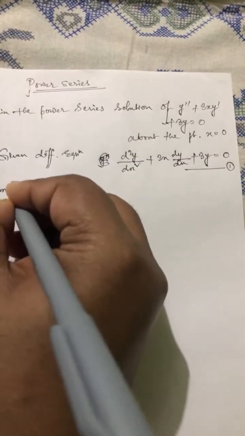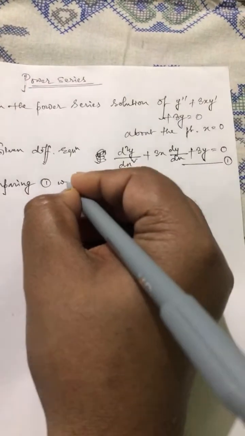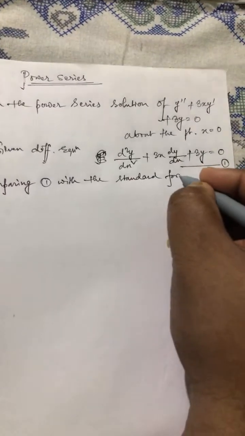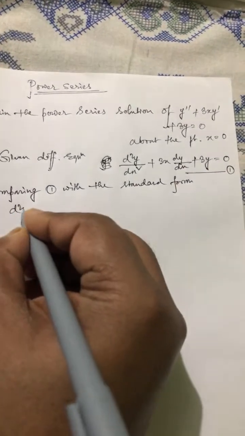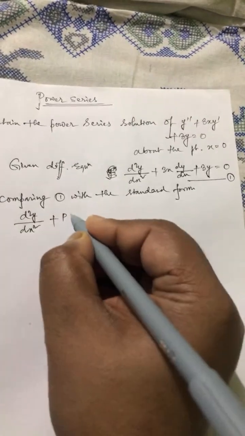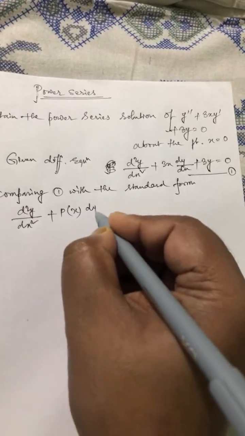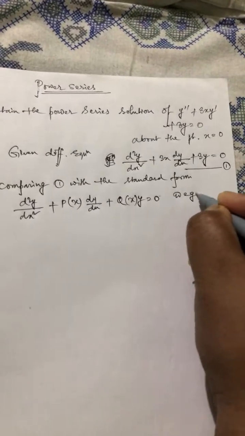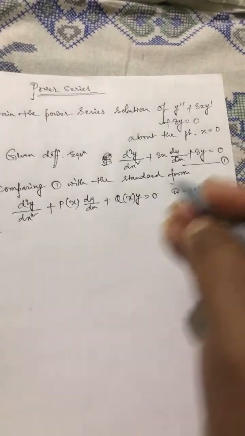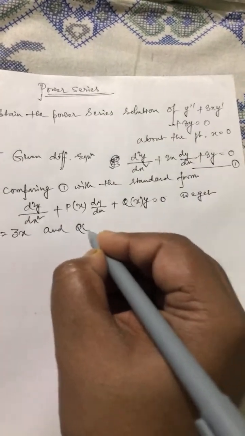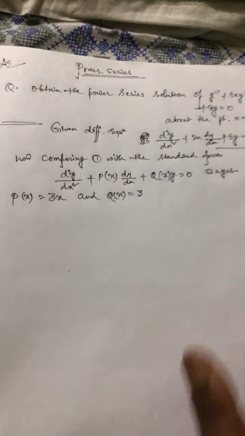Now comparing 1 with the standard form, d2y/dx2 plus p(x) dy/dx plus q(x) y equal to 0, we get p(x) equivalent to 3x and q(x) equal to 3.